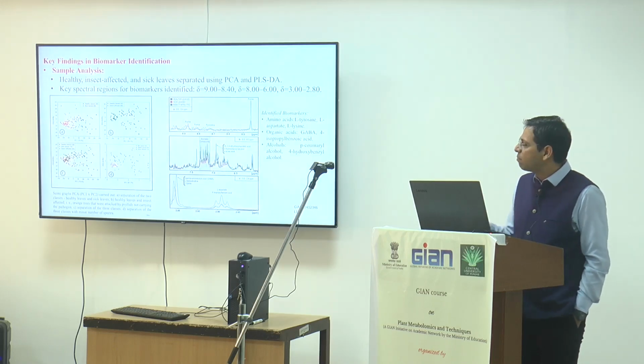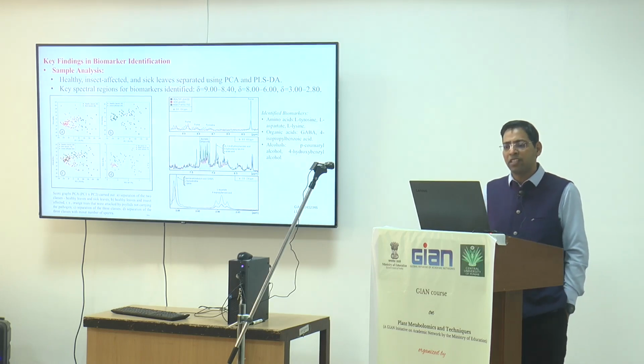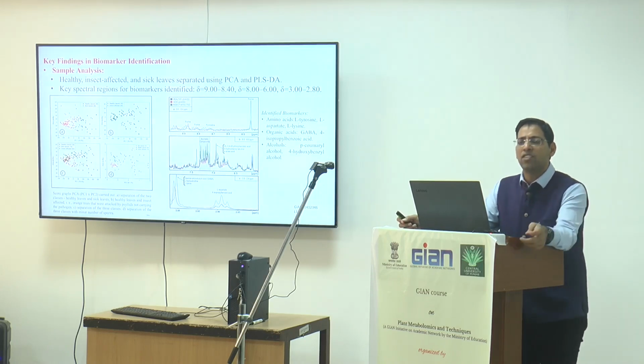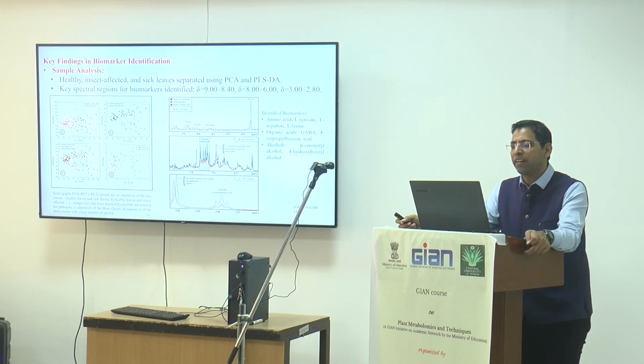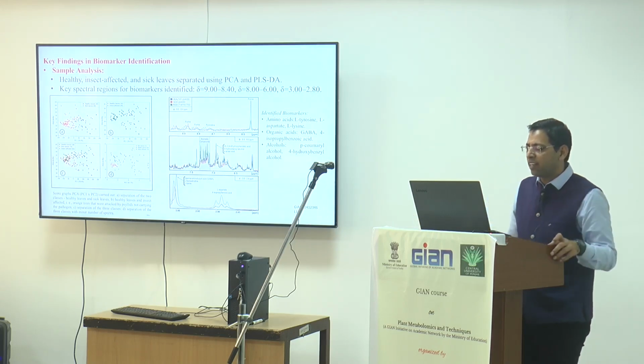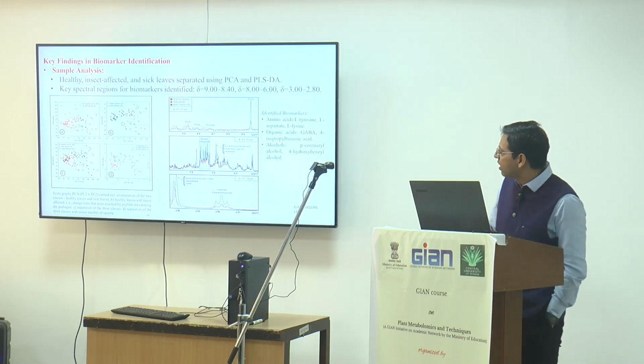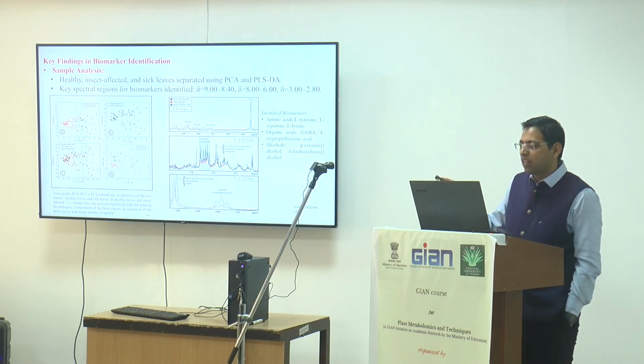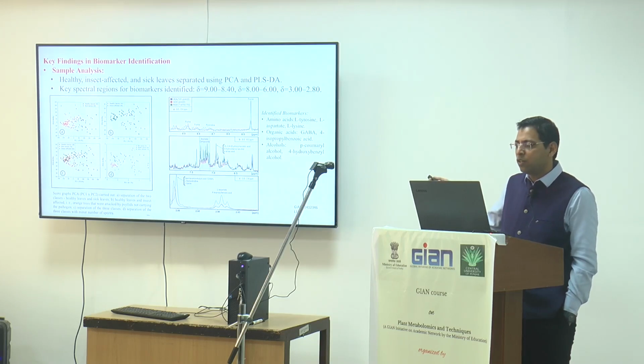So this is the key finding in biomarker identification by this method. Healthy, insect-affected and sick leaves are separated using PCA and PLS-DA. The spectrum regions for the biomarkers are identified in these areas: delta 9 to 8.4, 8 to 6, and 3 to 2.8.